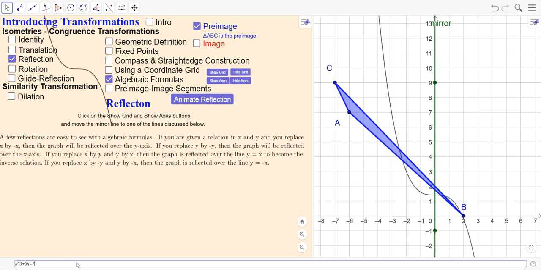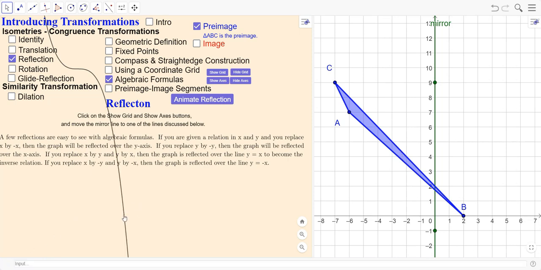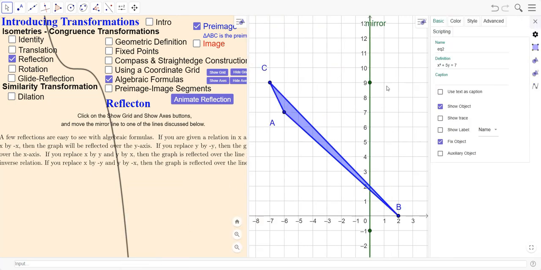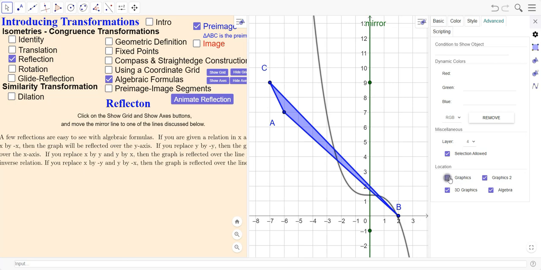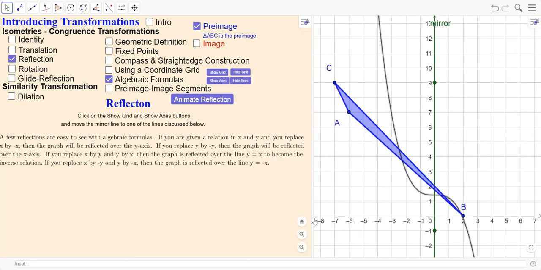Okay, let's take that one. I want to copy that. I want to get that one graphed over here in Y2 in graphics window 2. So we have that one graphed.